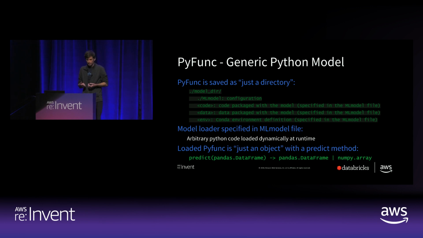Now, let me talk about the PyFunc, which is the generic Python model. The idea of a PyFunc is that it's a very generic model which can represent any potential model representable in Python whatsoever. As such, it is defined as a directory structure with these components, some of which are optional. The only mandatory part is that it includes a link to the loader which can load this model.